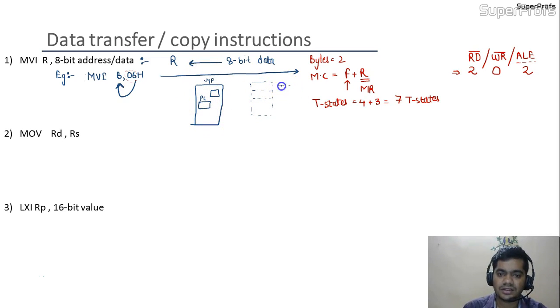First of all, the opcode would be fetched to the instruction register. So the first machine cycle would be fetch, and the second would be read, that is, it would read 06H from the memory and transfer it to the B register.